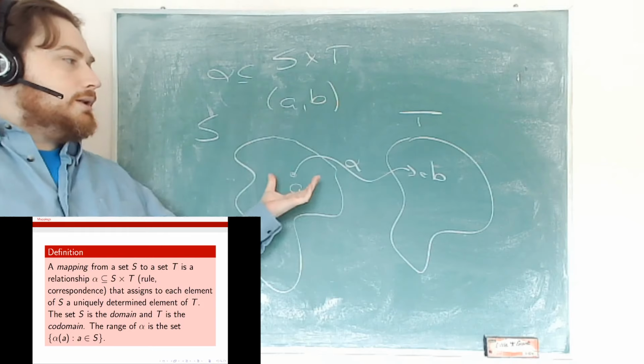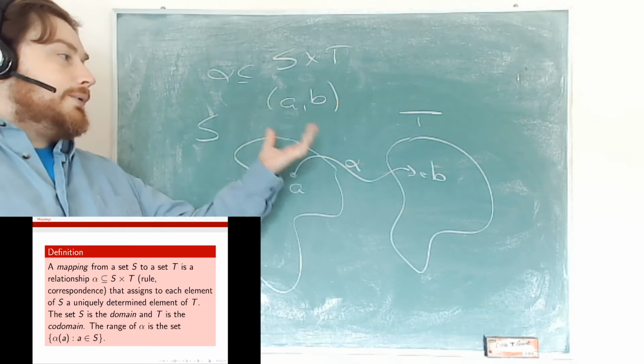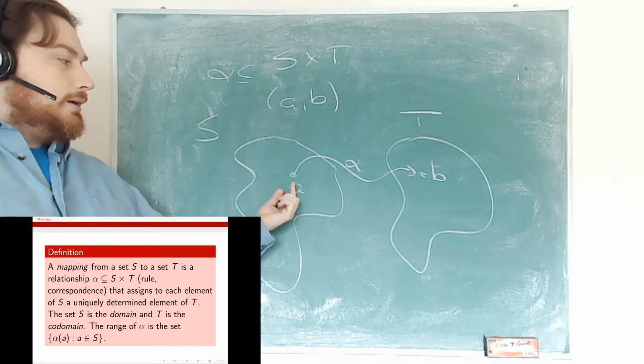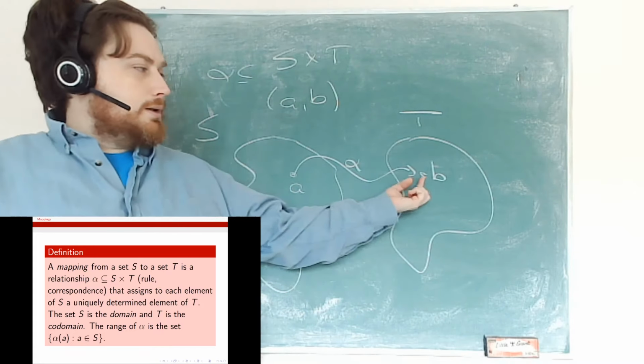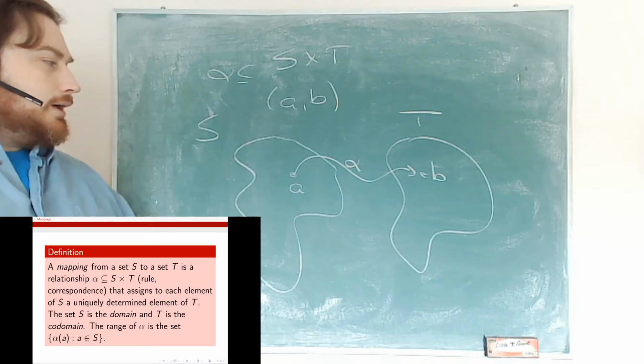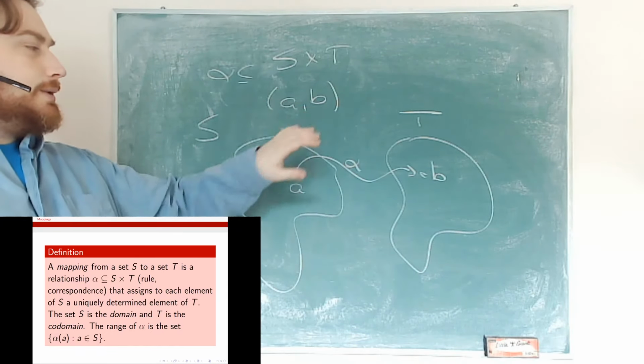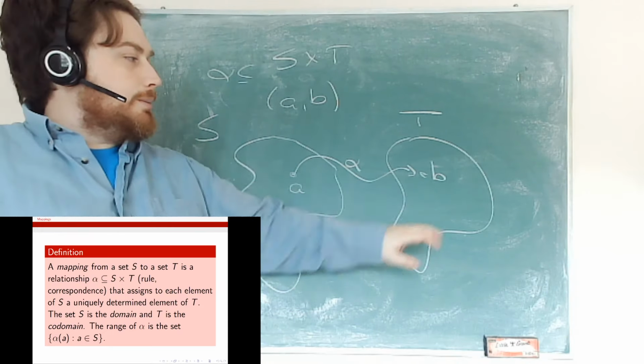So this is our context of function that you would have seen in calculus, but we're going to call it a mapping here. The idea is just, if I have a in my domain, I end up at b in my codomain, and that's what alpha tells me to do. Anytime I see one of these ordered pairs, it tells me how to get from a to b.